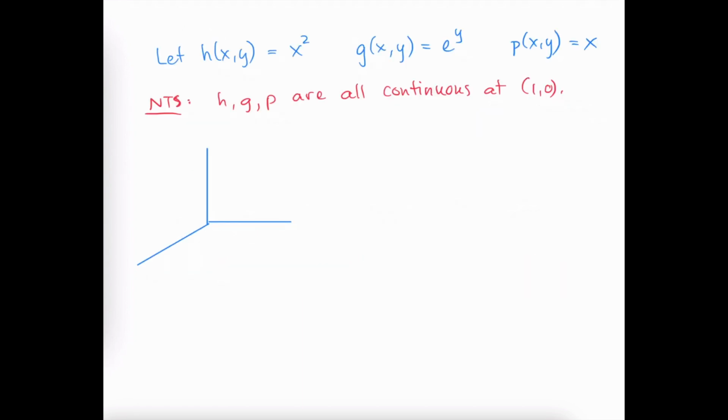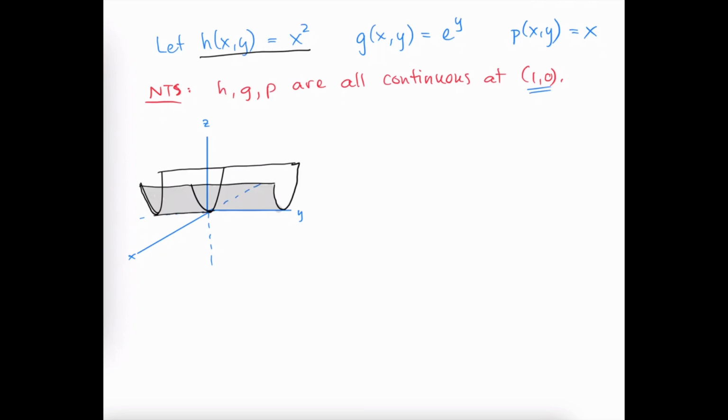Now in order to do that, we're basically going to take a look at these graphs in three-dimensional space. So this first function is essentially z is equal to x squared. So that exists in the xz plane. It's a parabola that's opening up that extends infinitely in the direction of y.